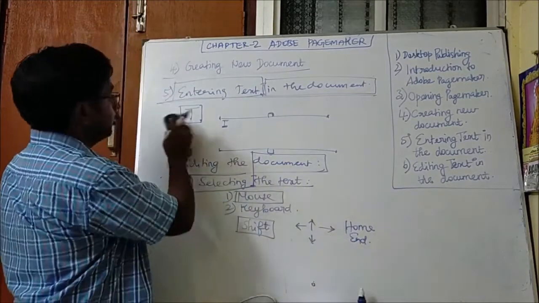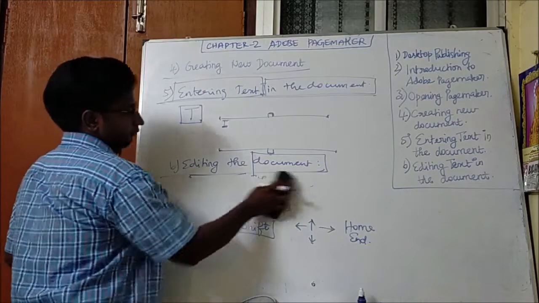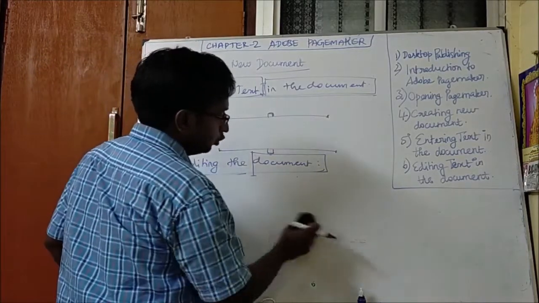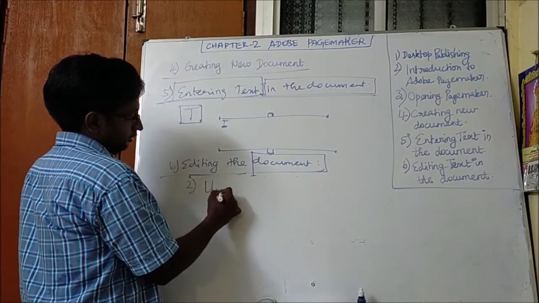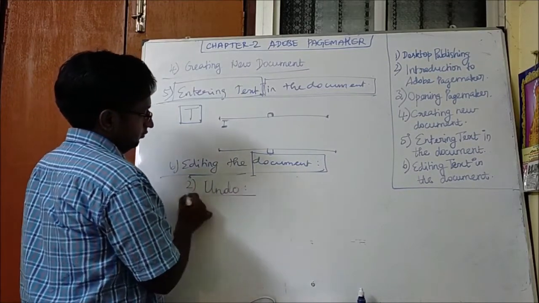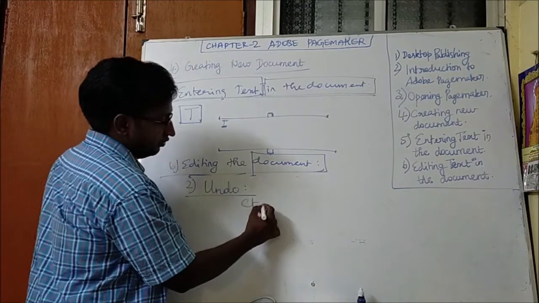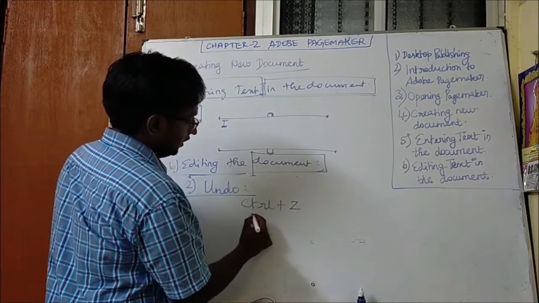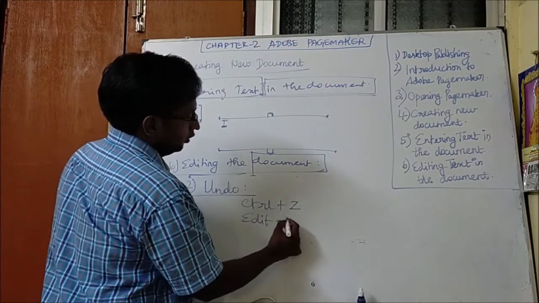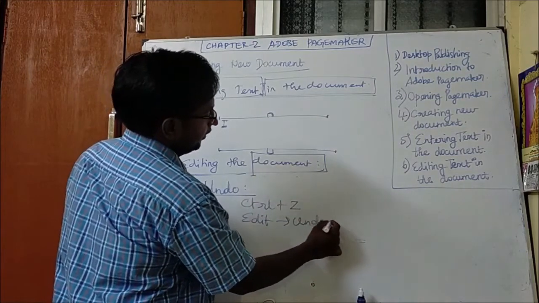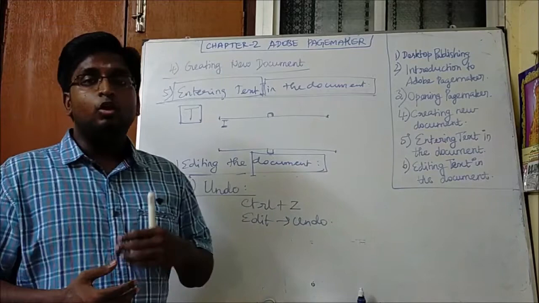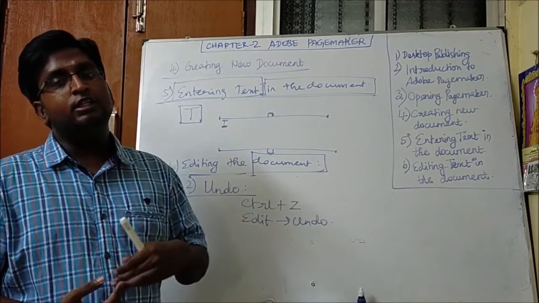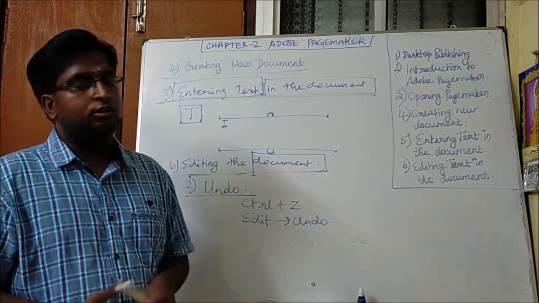So the next editing option is the undo option, which revokes the changes made. You can press Ctrl Z or you can select it from the Edit menu to revoke the changes which you have made.